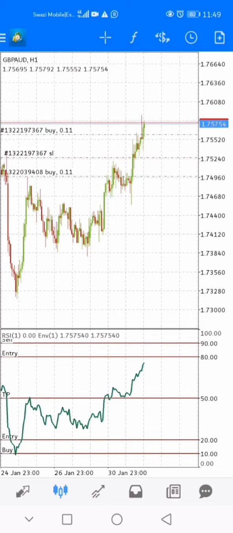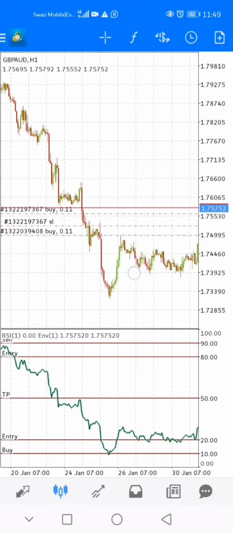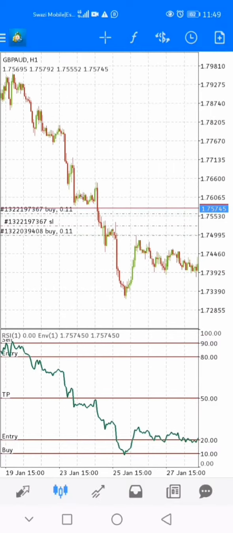Now, concerning identifying the key levels, maybe I should make a separate video so that I can clearly explain, but let me just give you a clue right here.